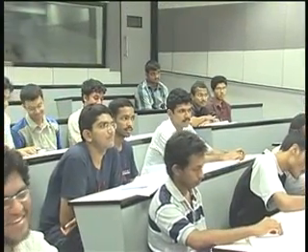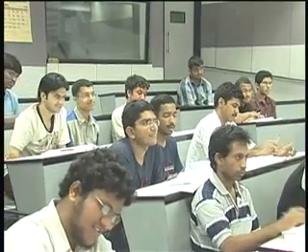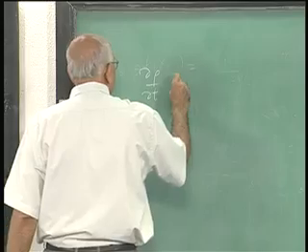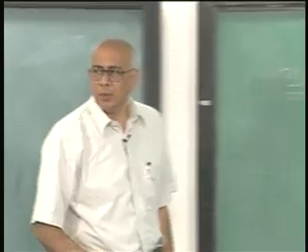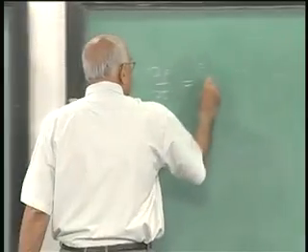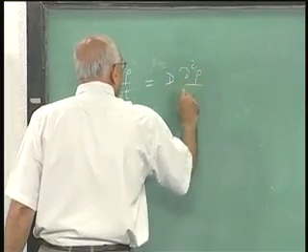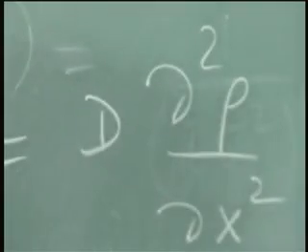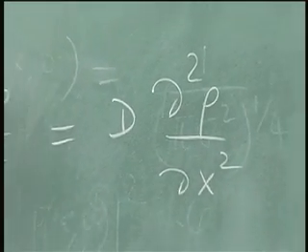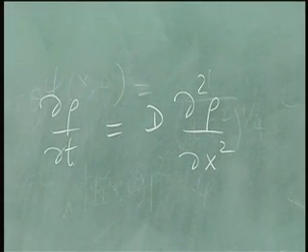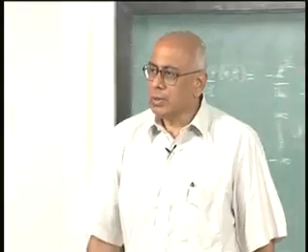because remember the diffusion equation says delta rho over delta t, for any concentration rho, is D times d2 rho over dx2. That is the diffusion equation. And what is the solution to this diffusion equation?